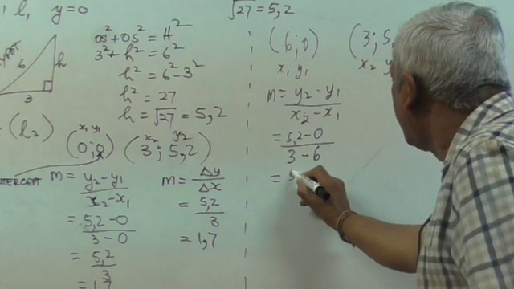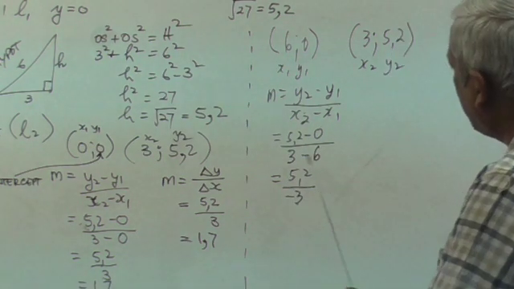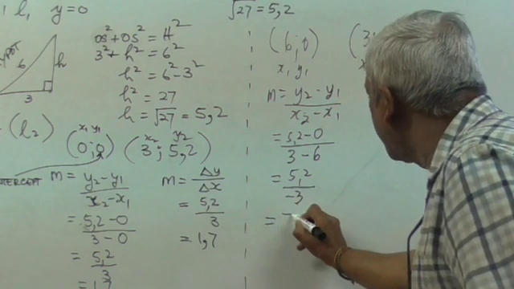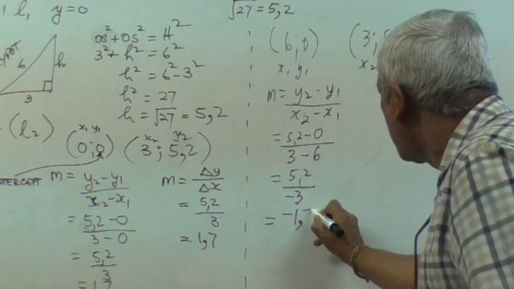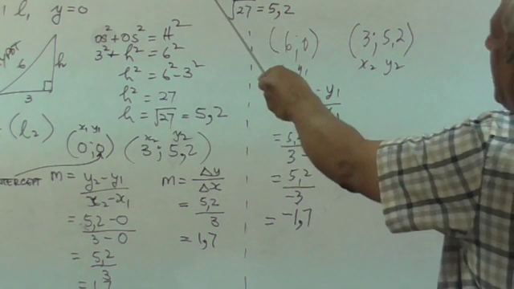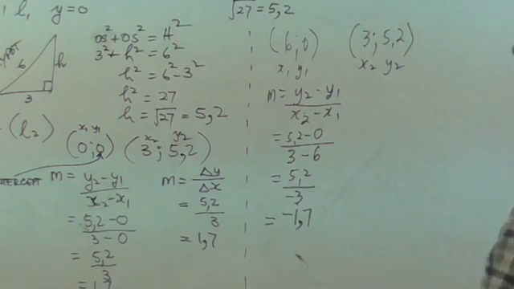That gives you 5√2 over negative 3. Put that in your calculator and that gives you negative 1.7. And you feel good too, because you can see it's a northwest line, and northwest lines have a negative gradient. So you got the gradient.